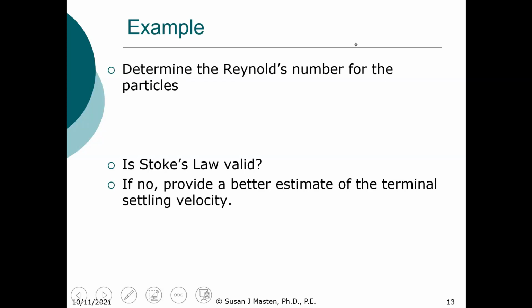So determine the Reynolds number for the particles. The Reynolds number is equal to the diameter of the particle times the terminal settling velocity divided by the kinematic viscosity of the fluid. So the diameter of the particle is 1.71 times 10 to the minus 4 meters, that's given.